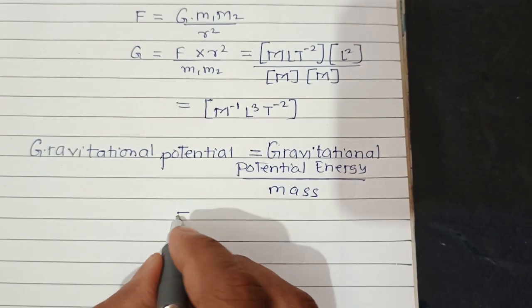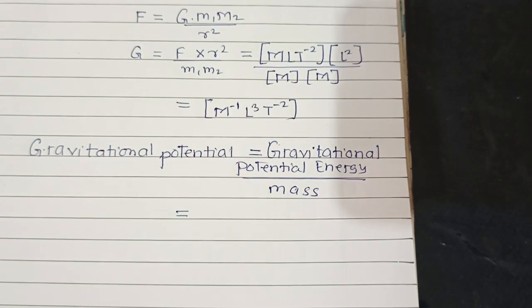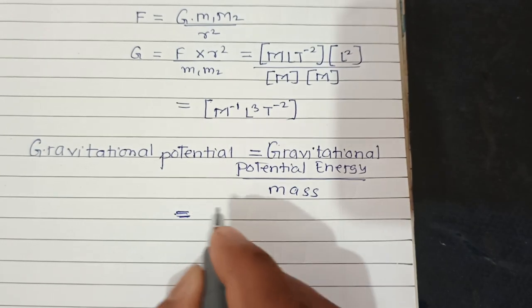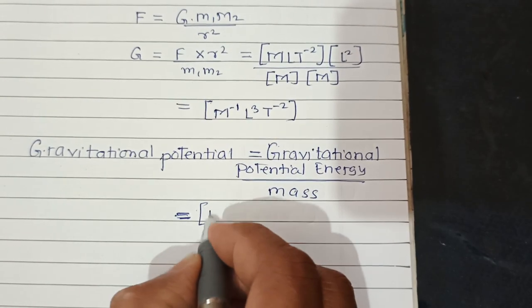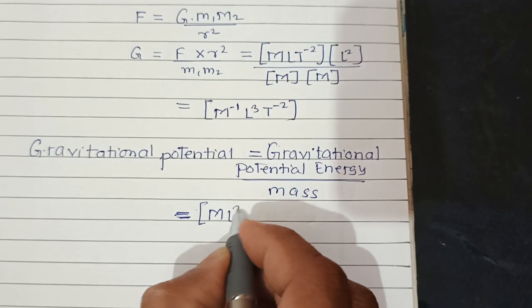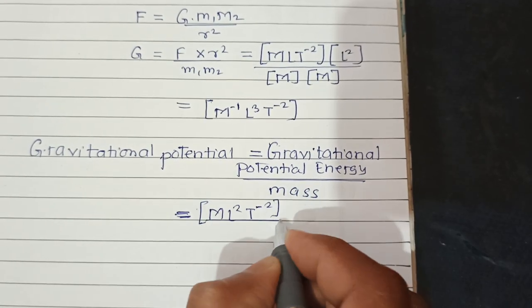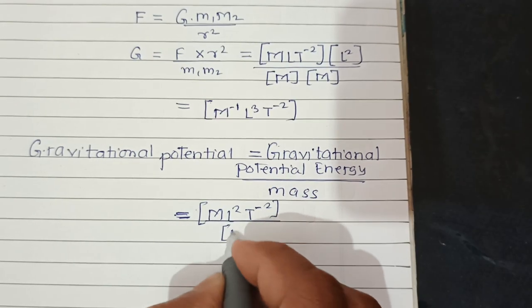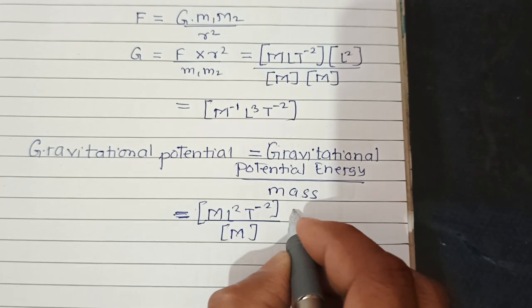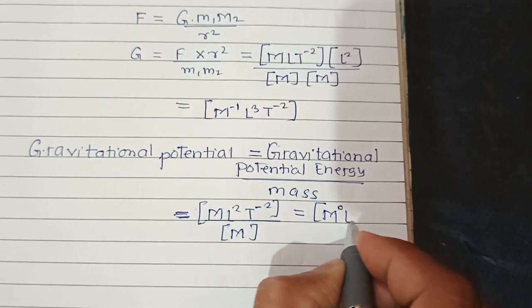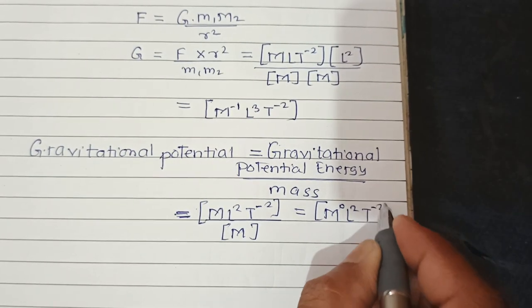So आपको मैंने बताया था एनी काइंड ऑफ एनर्जी which will be same dimension, so that is m L square t minus 2 upon m. So that is m naught L square T minus 2.